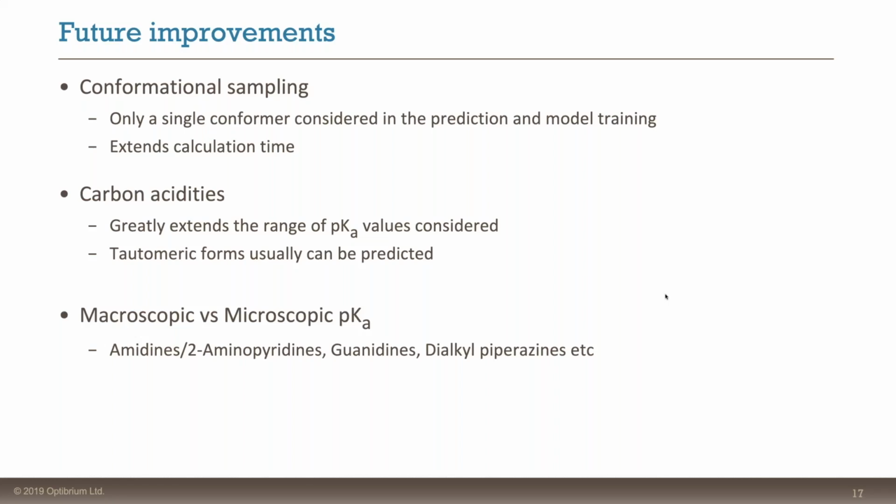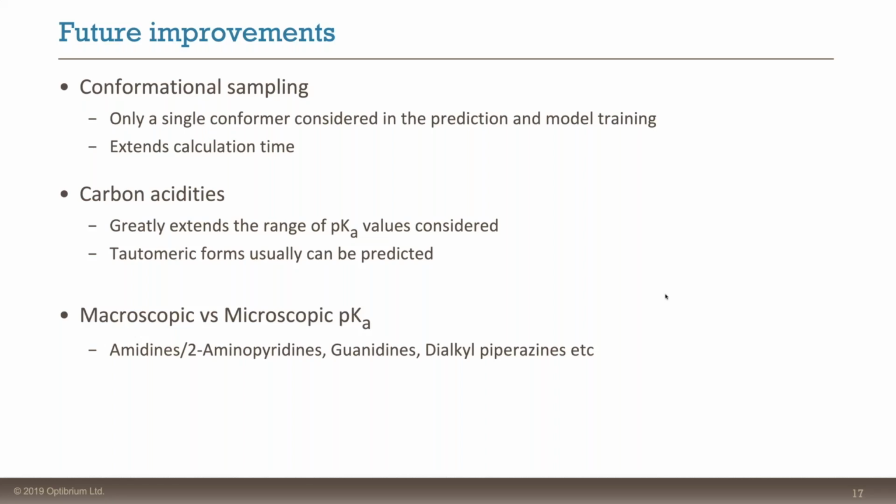We also have dialkylpiperazines. And you can say that a pKa exists for a piperazine. You know it's that group, but of course you're not really saying that the hydrogen is on this particular nitrogen of piperazine or the other nitrogen of the piperazine. So there is some doubt and ambiguity.